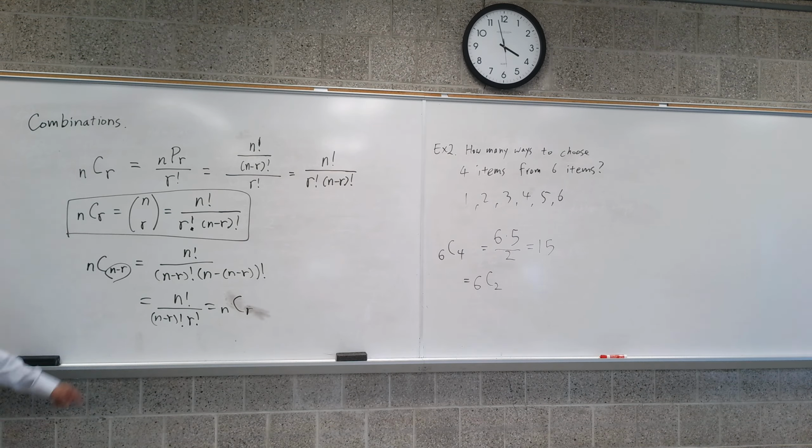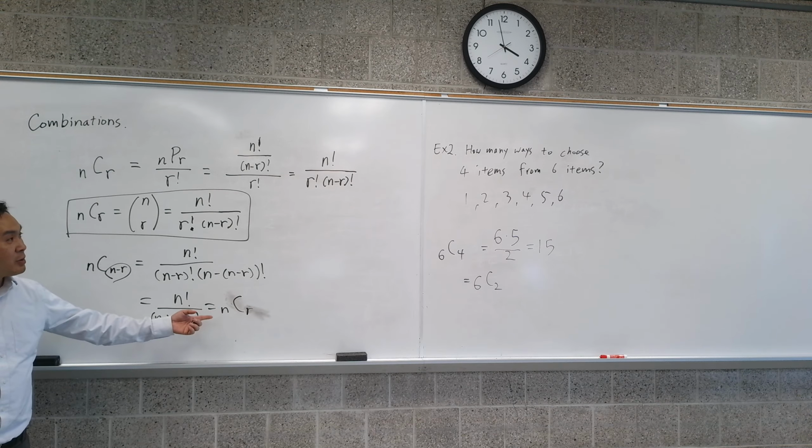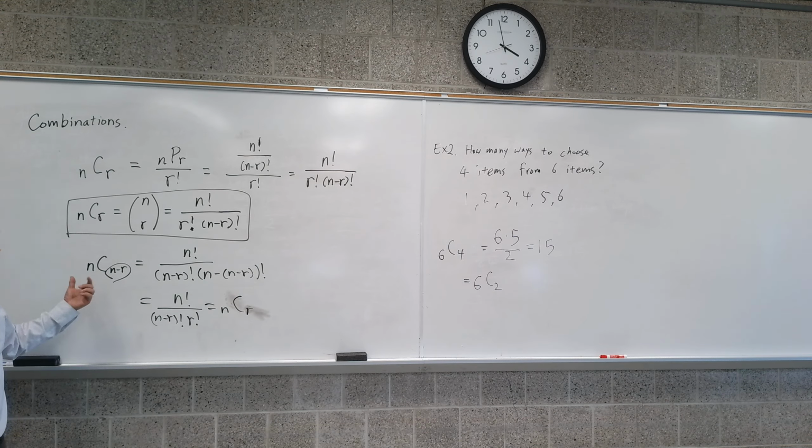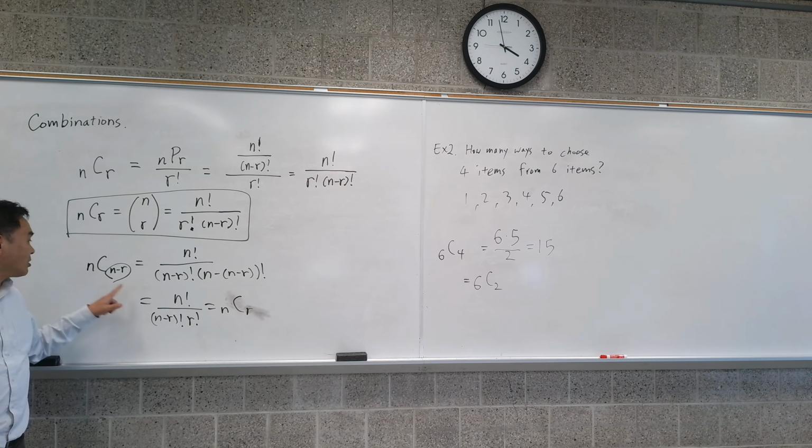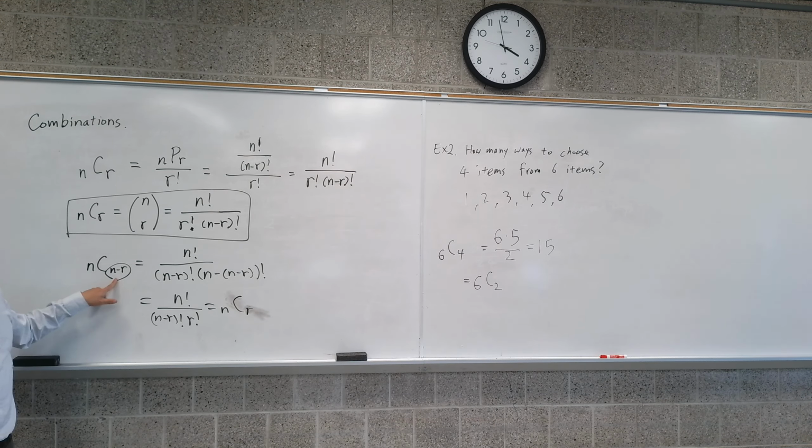Okay? So here's the important formula that you have to know, and here's a symmetry of the formula. You could prove this by thinking of examples, but in general, what this is saying is that choosing r items out of n is the same thing as excluding n minus r items from n. That's what it is. Okay?